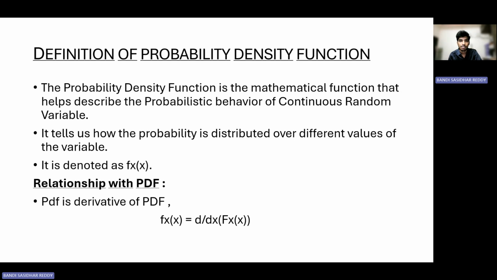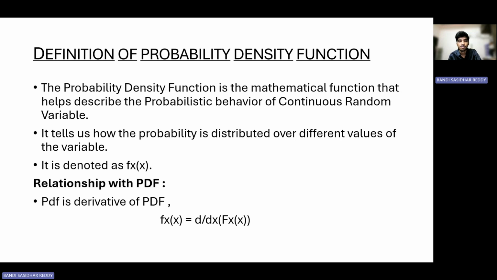We cannot tell the exact probability of a random variable, so we take a function which shows the curve, and we can see the behavior of that curve and the area under it, which is considered to be the probability of that continuous random variable over different values of that variable. It is denoted as fX of x.